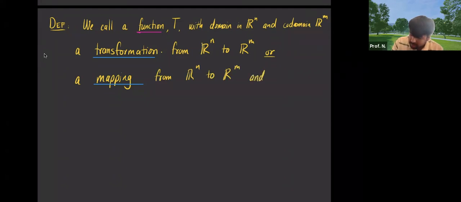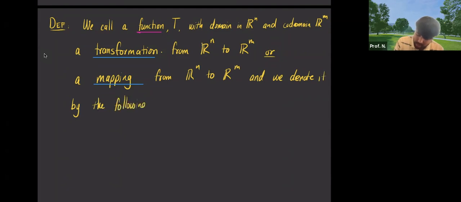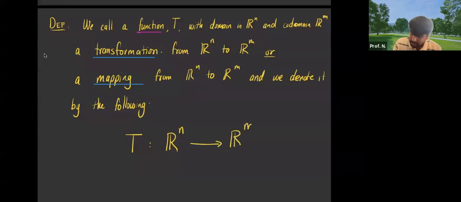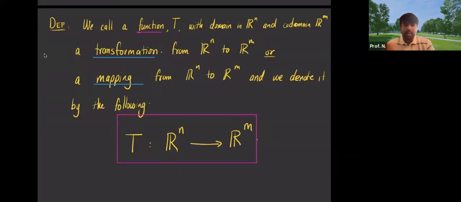And this is how we denote it. We say T colon Rn arrow Rm. That's how we express a transformation.